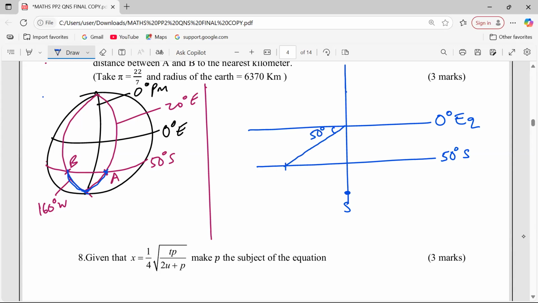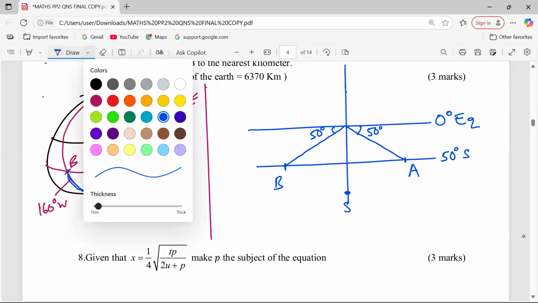Then, if this is a point B, there is also a point A here. Look at my analysis very well, please. There is also an angle measured here of 50. For us to go to 50 degrees in the south, we are measuring angles of 50 degrees.